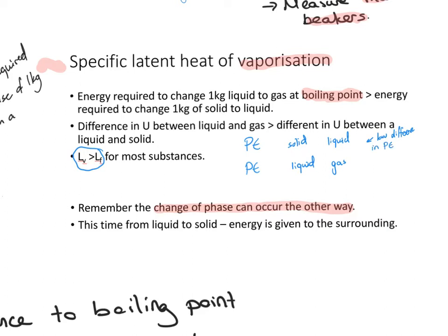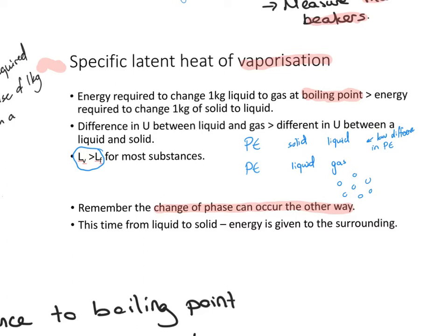But when it comes to a liquid and a gas, since the gas particles are so far away, they experience nearly no electrostatic attractive forces, which means the potential energy is 0 joules. I already mentioned that in the last video. It's the part that confuses a lot of people, that it has the highest potential energy because it's just 0.